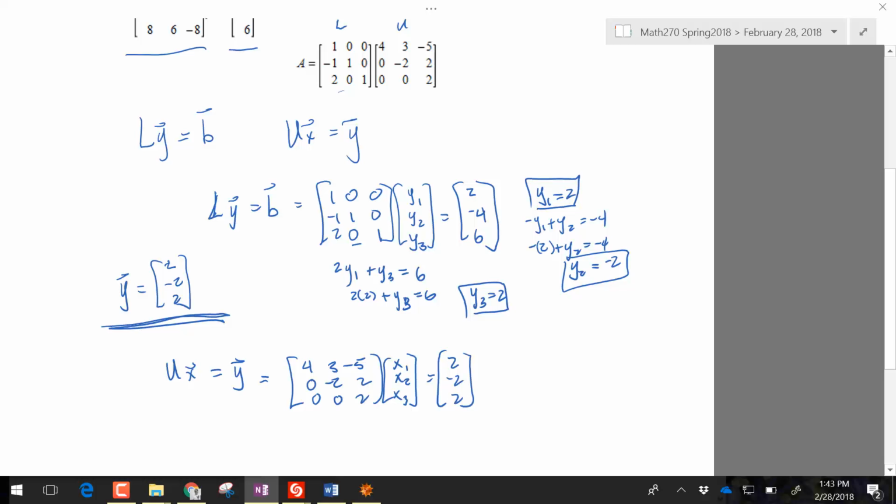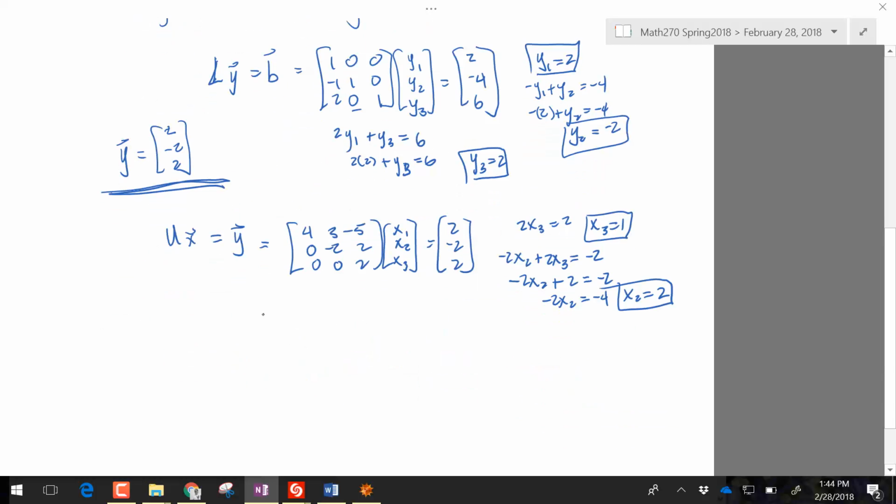This time we start with the bottom; last time we started with the top. 2x3 is equal to 2, so x3 is equal to 1. Then minus 2x2 plus 2x3 is equal to negative 2, so minus 2x2 plus 2 times 1 is equal to negative 2. Minus 2x2 equals negative 4, and then x2 is equal to positive 2.